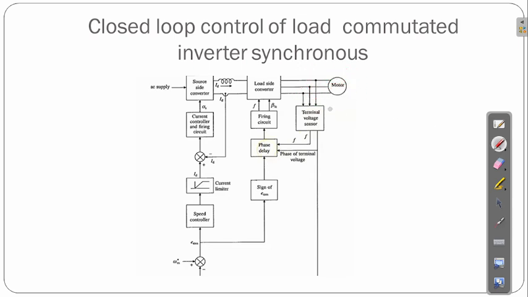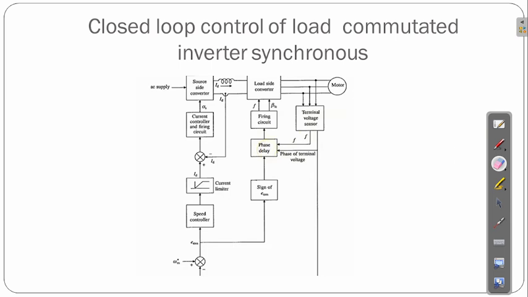Here we get the terminal voltage phase sensor, which gives a pulse. This pulse has some frequency, and this frequency is set through the phase delay, the phase of the terminal voltage, without changing any frequency.